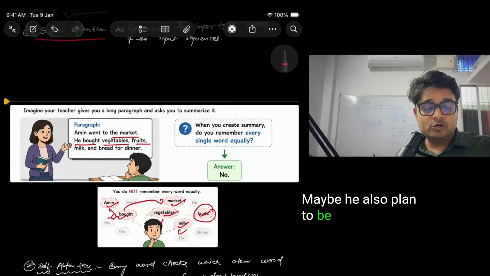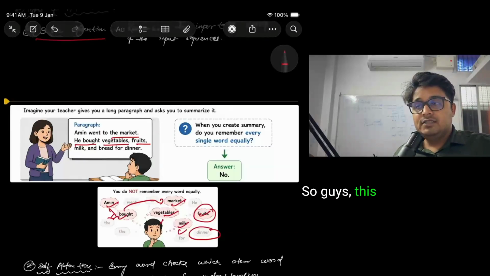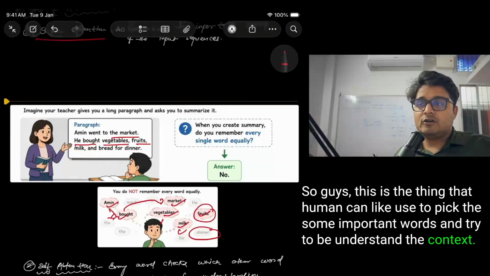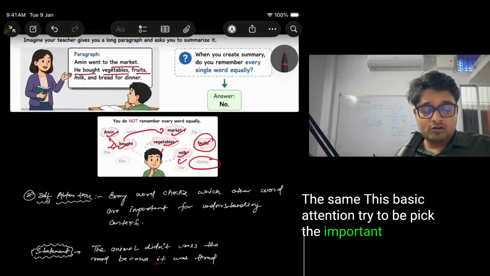Maybe you also pick dinner as an important word. So this is what humans do: pick some important words and try to understand the context. In the same way, basic attention tries to pick the important words.